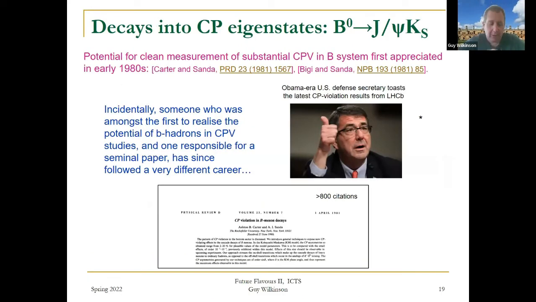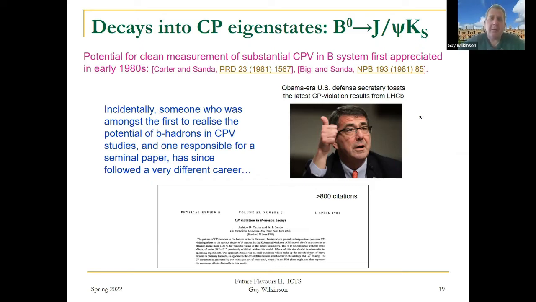Beta first. Again, a few historical notes which are more general than just talking about hadron machines, and I hope this will complement what you've been told in the other lectures. Beta, most famously, you access through decays of B zeros into CP eigenstates, J/psi K short.